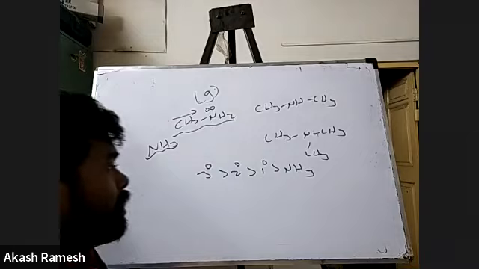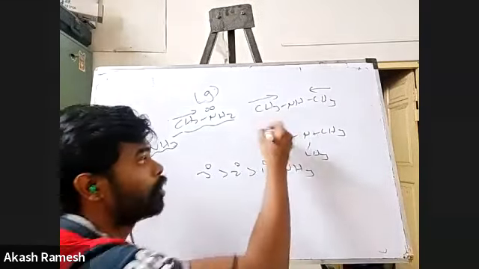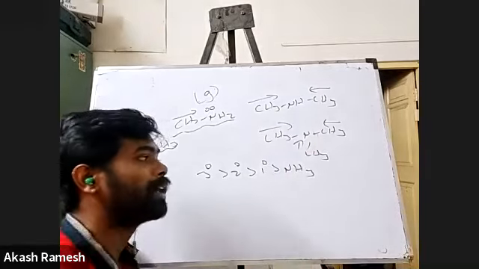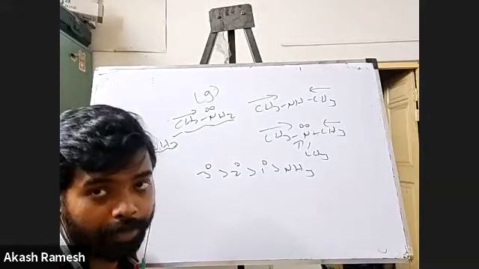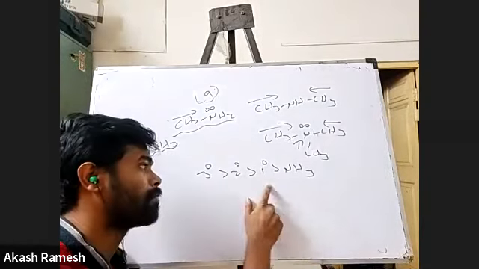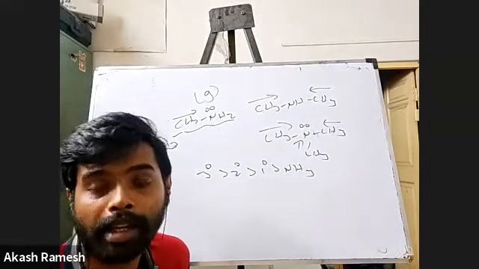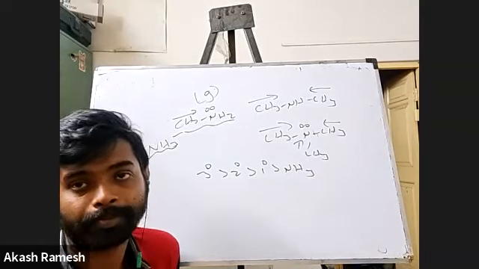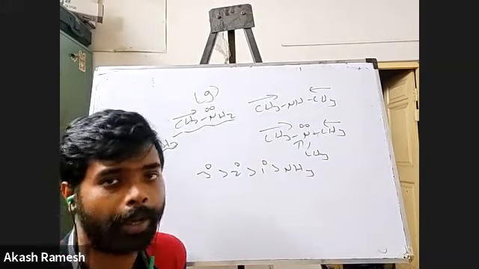It is going to increase the availability of lone pair. This side I have 2 electron donating groups. In this case, I have 3 electron donating groups, increasing the availability of lone pair on the nitrogen. So obviously the tertiary will be most basic, then secondary, then primary, and then comes your ammonia, because ammonia doesn't have any electron donating groups. I hope for everybody it is clear.